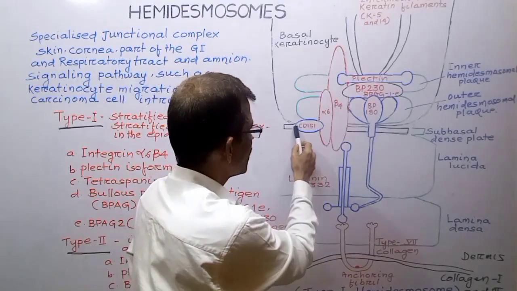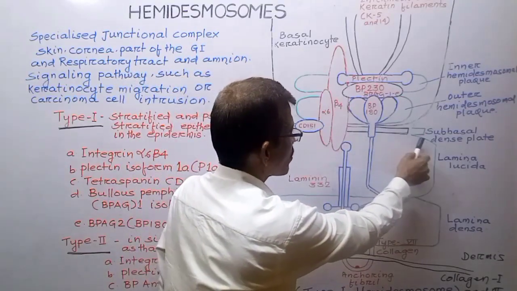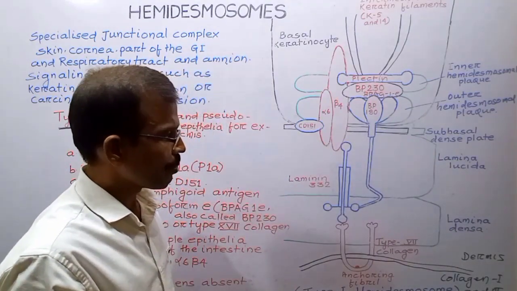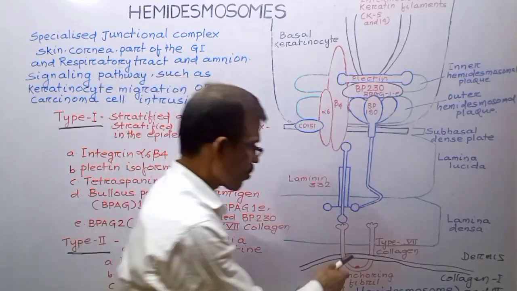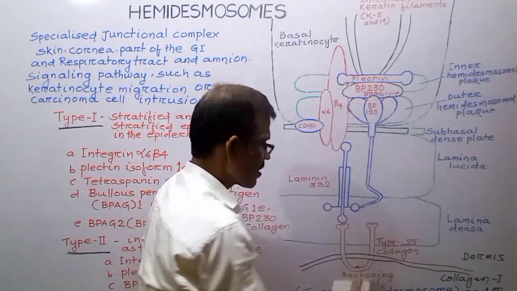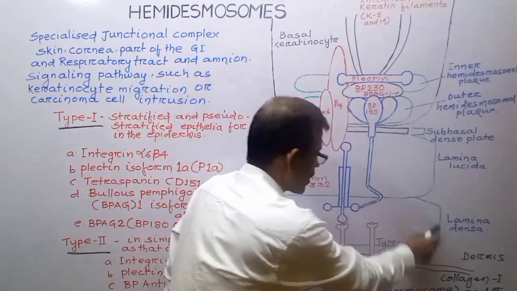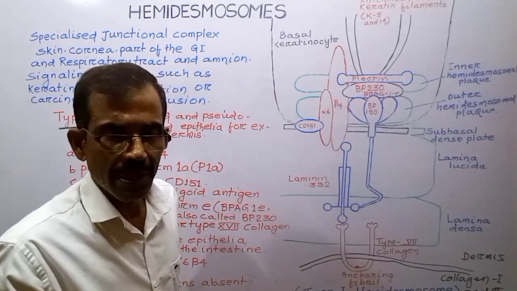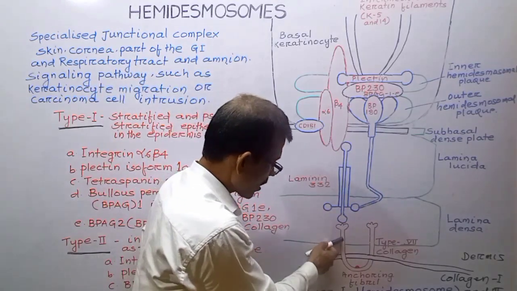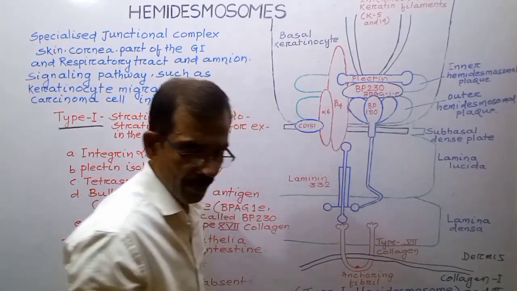There is a thin electron-dense line called the subbasal dense plate, and you can see the presence of collagen type 7 molecules in the lamina densa. In the lamina densa, most of the type 7 collagen molecules form semicircular loop structures.